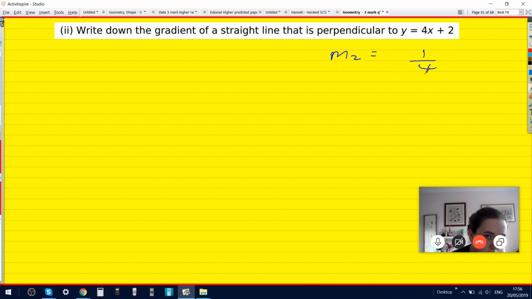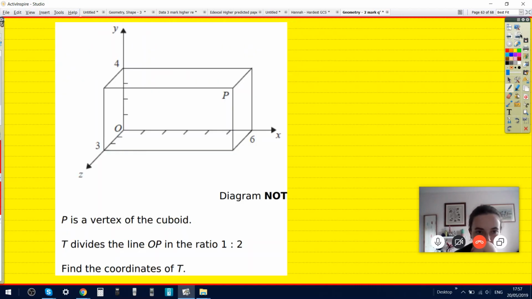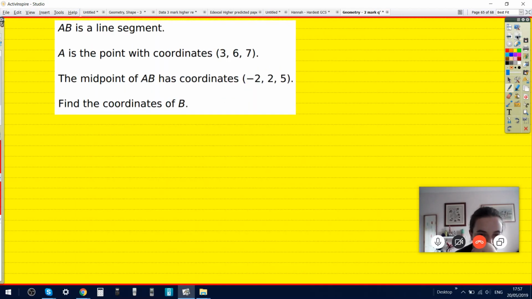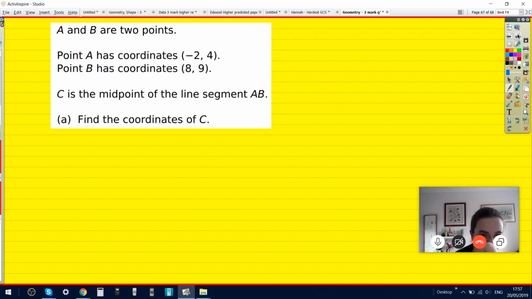It's not just the reciprocal. Oh, minus. Yeah, they multiply to make minus 1. Midpoint. Okay. We saw it before. Midpoint.